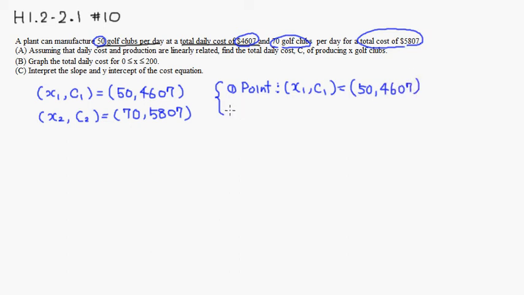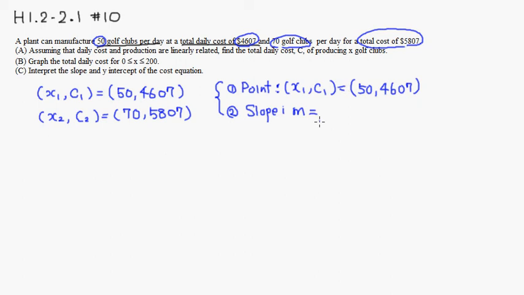The second piece of information we need is the slope, M. We can find M quite easily since we have 2 points.